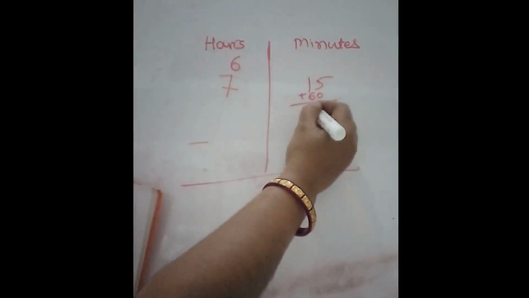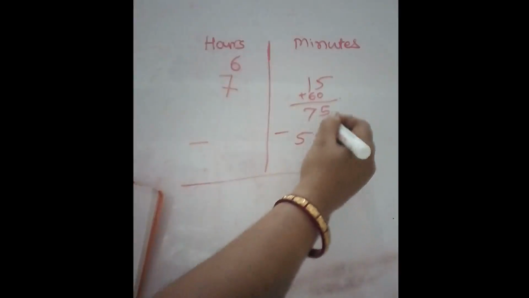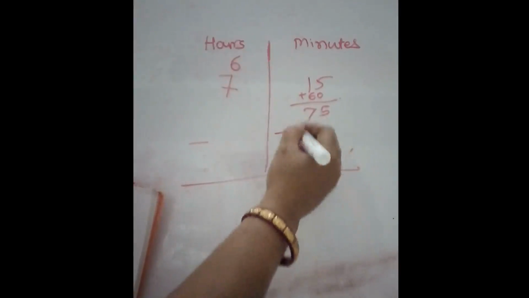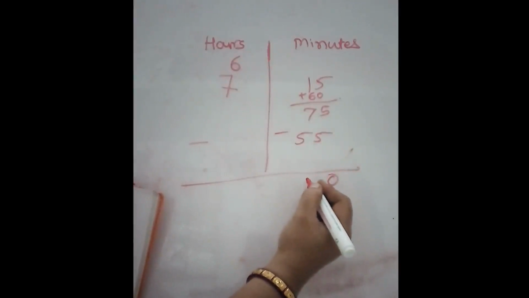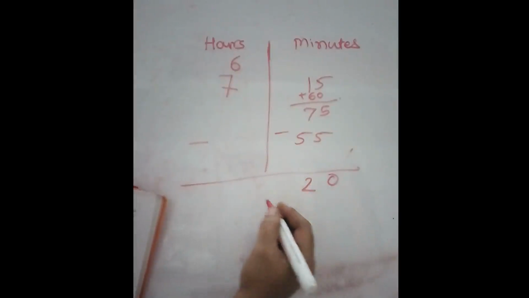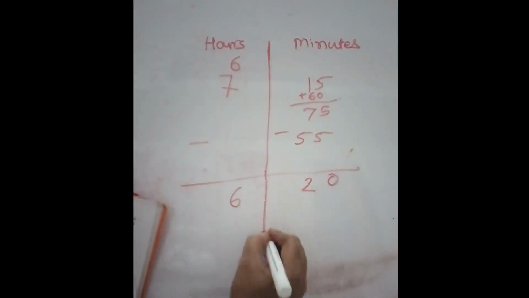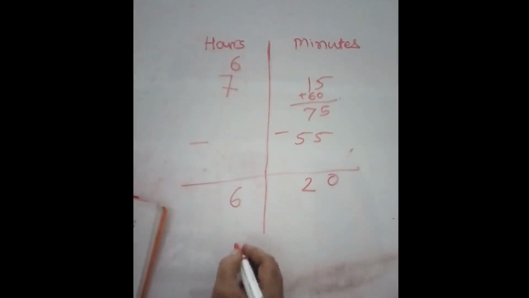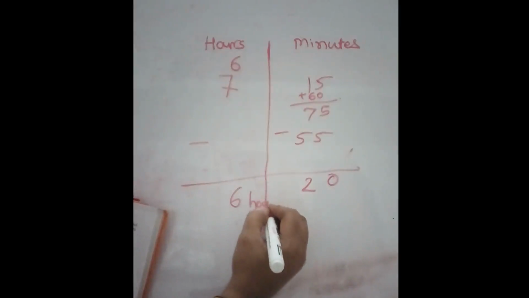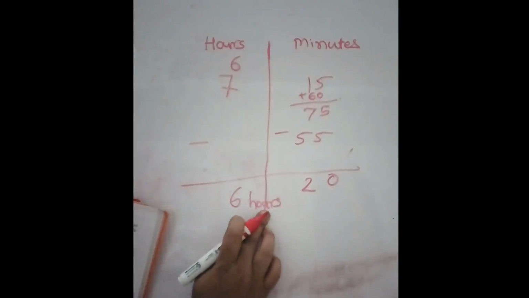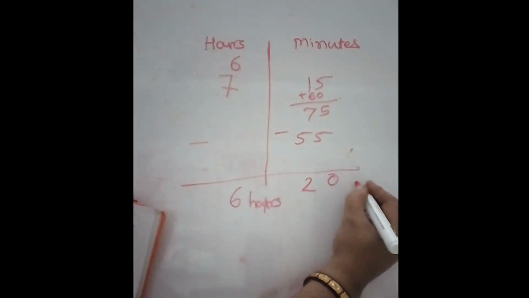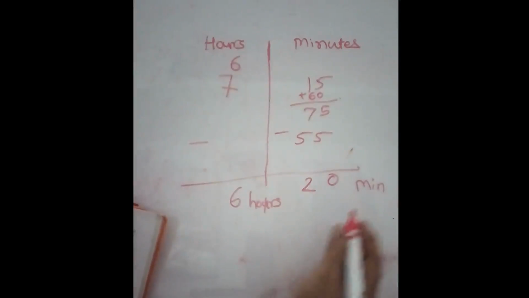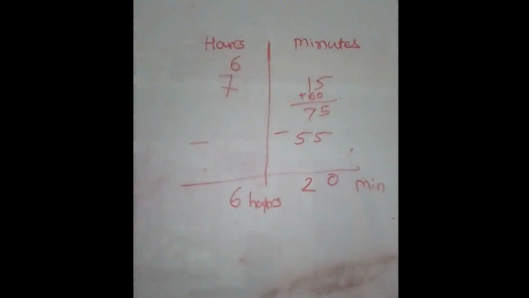Again we will get 75 minutes. 75 minus 55, it will get 20. 6 hours 20 minutes. Our answer is 6 hours 20 minutes. So like this you have to solve the exercise.